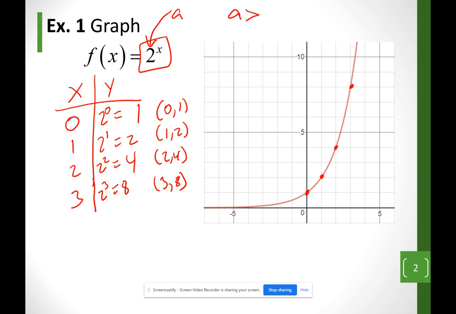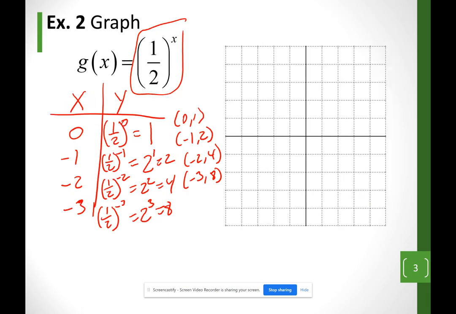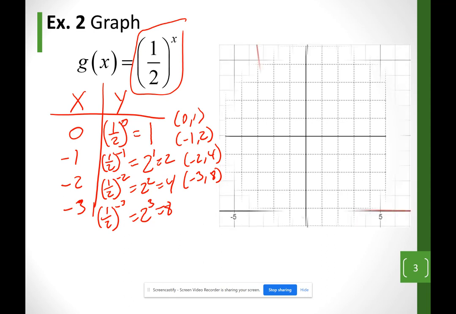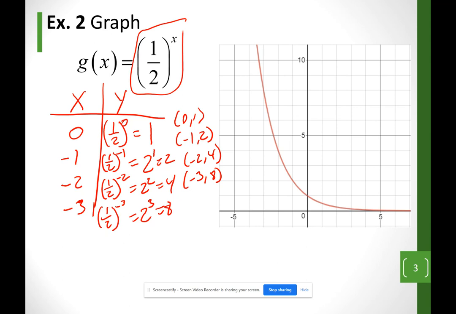A must be bigger than 0. A cannot be 1. But if my a is more than 1, my function will always go up. If my a is less than 1, it is still more than 0, but it is less than 1, look, my function is going down.